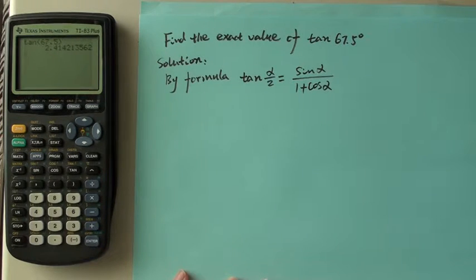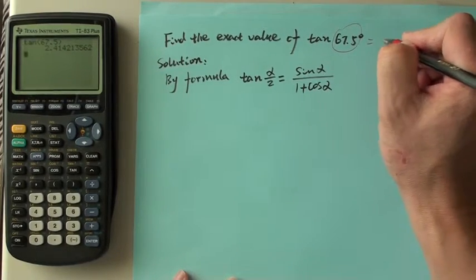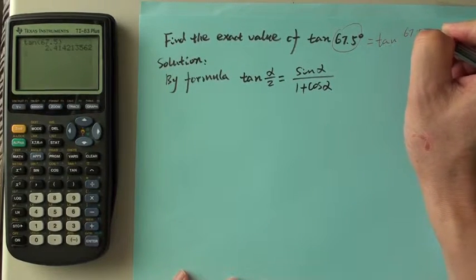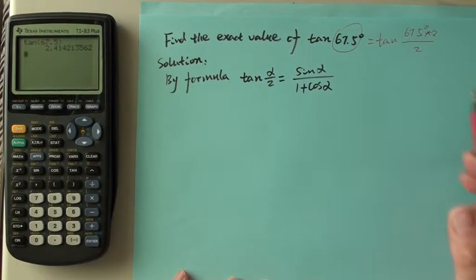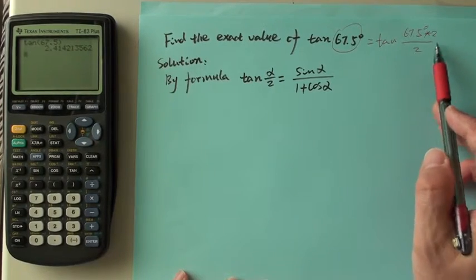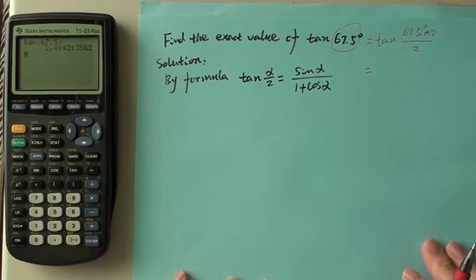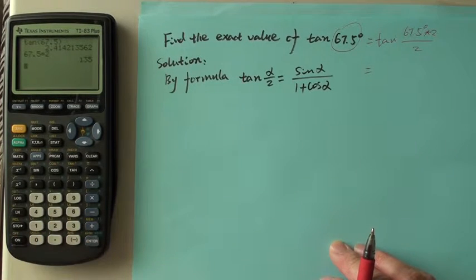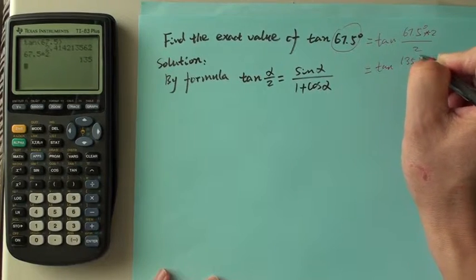Now, how to apply it? Look, this angle is actually 67.5 degrees times 2 divided by 2. The 2 divided by 2 comes back to be 1, so they are equal. But 67.5 times 2 is 135. So this is basically tangent of 135 degrees over 2.